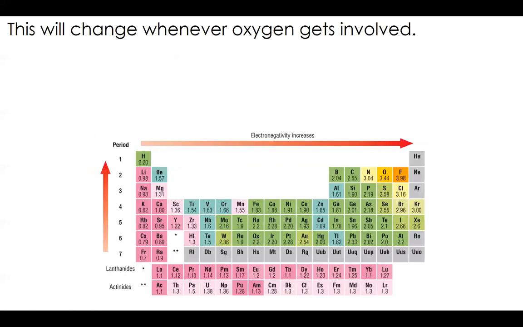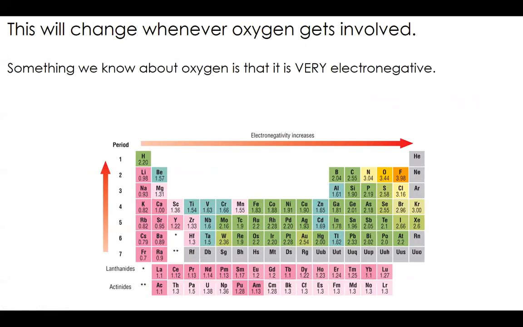For now, let's check out oxygen. Oxygen is something very electronegative. So this is all the elements. It shows their electronegativity. You can see that oxygen is almost at the top of being one of the most electronegative things.